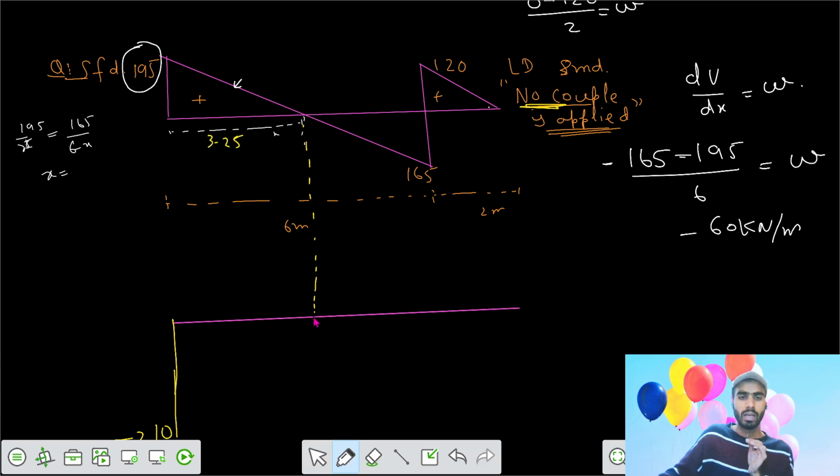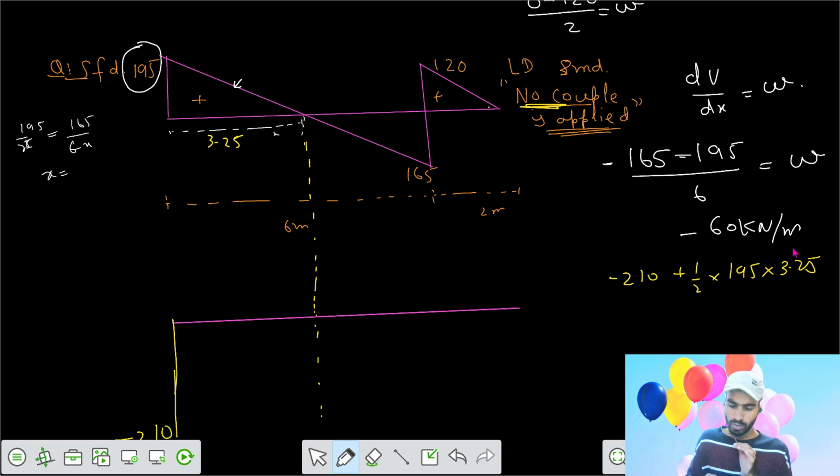We can write that the value of bending moment here would be minus 210 plus 1 by 2 into 195 into your x value of 3.25, that is 0.5 into 195 into 3.25 minus 210. That's equal to 526.87, but the first one was negative, so we had to account for the sign.